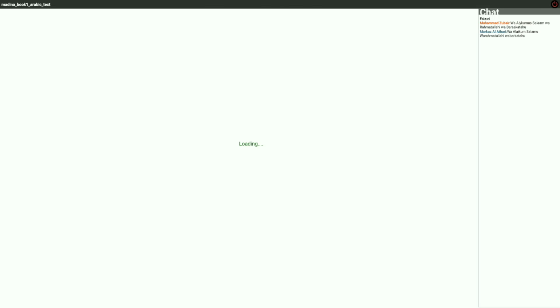So a number of things are being taught here. Approximately 6 new concepts are being taught over here, or 6 new things, including the new vocabulary. The first thing that's being taught here is harf al-jar: fi and ala, these 2 new words.